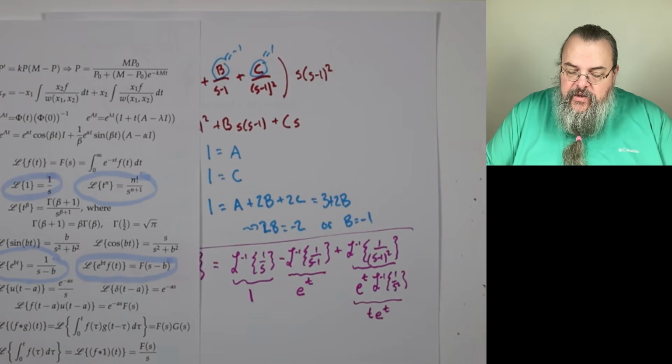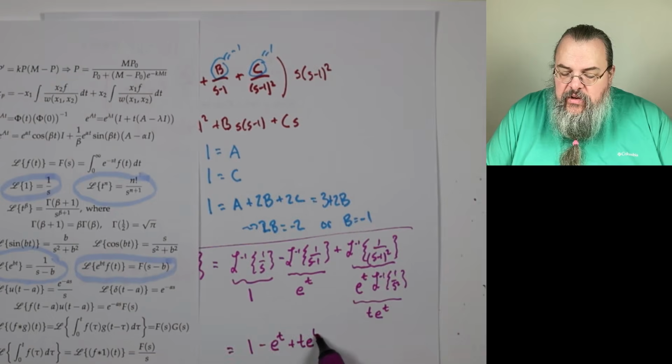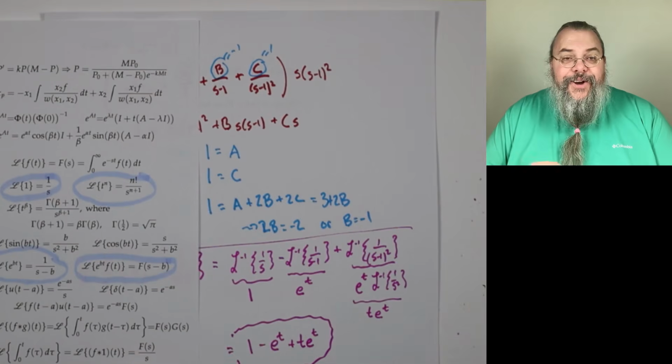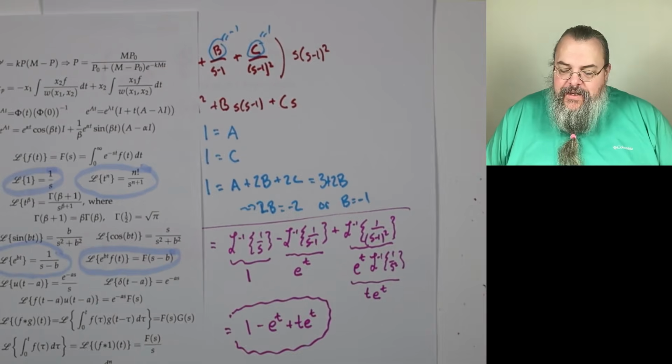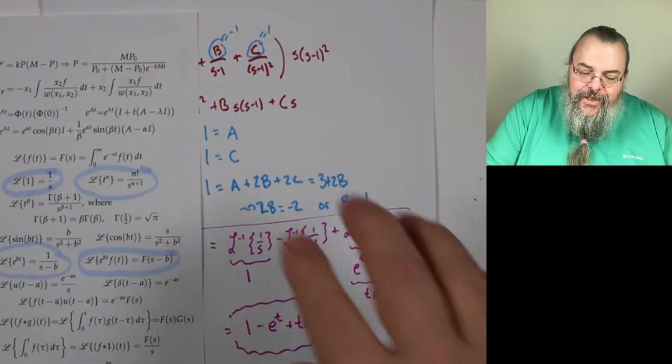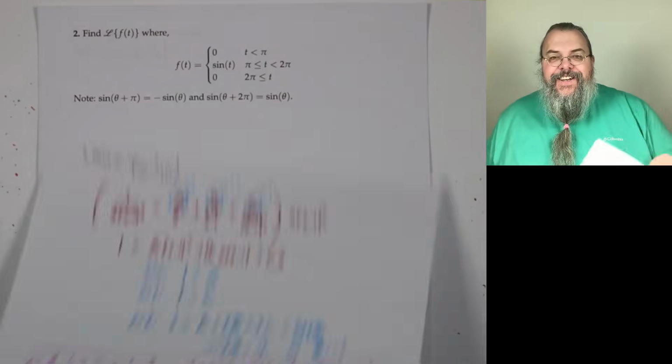Putting it all together, we have 1 minus e to the t plus t e to the t. And there we go. That's it, right? Not too bad. Just know your formula sheet, do partial fractions. You'll be great.